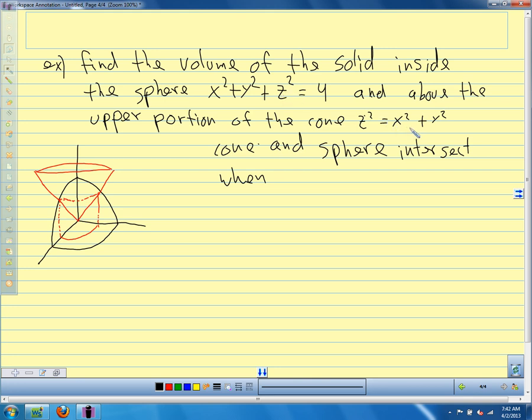If I substitute for z squared here, I get 2z squared equals 4. So z squared is 2, and z equals square root of 2.